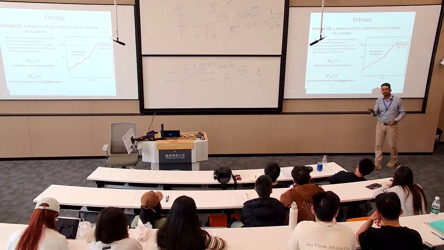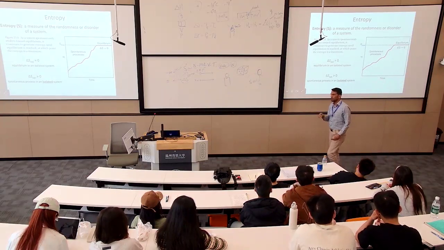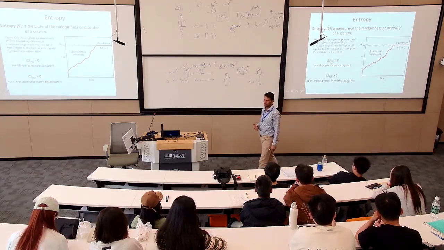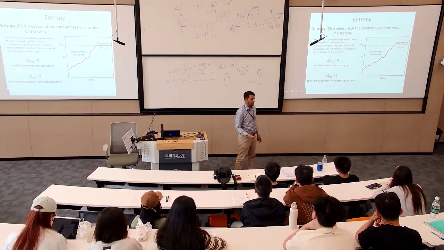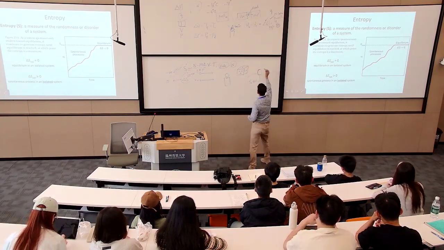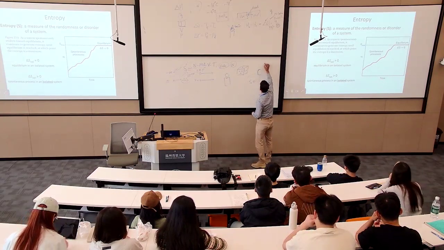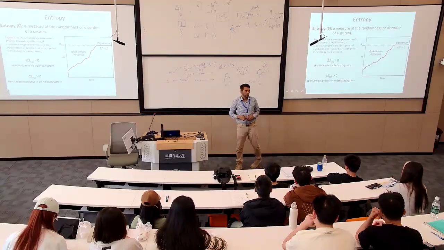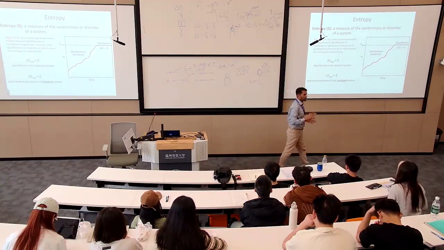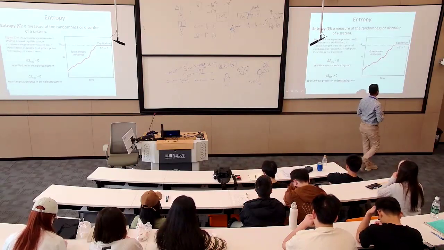Students, what is the use of entropy? Entropy actually helps us to predict whether a reaction is spontaneous or non-spontaneous. This does not tell us everything, but this is a very good criterion to tell whether it is spontaneous or non-spontaneous.